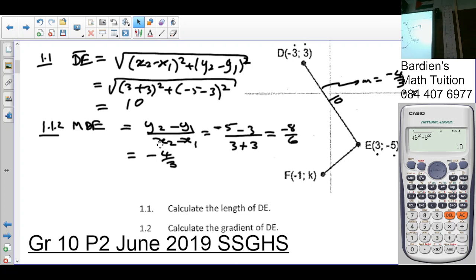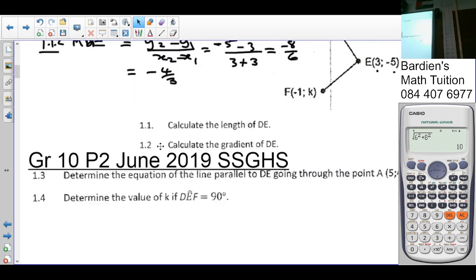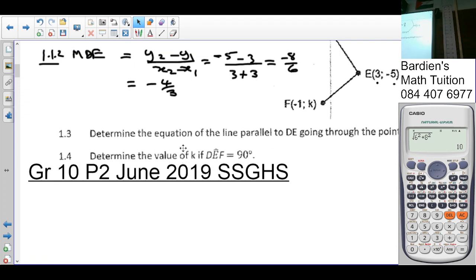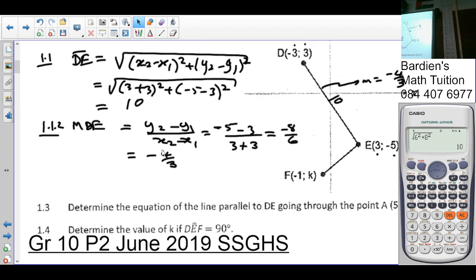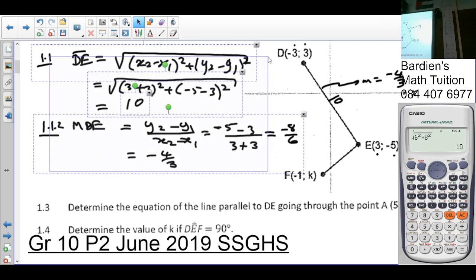Then, let's look at the next question. We are asked to determine the equation of the line parallel to DE, going through A, which is 5 and 3. So A is not on the diagram here, as you can see. But what do we know if lines are parallel?